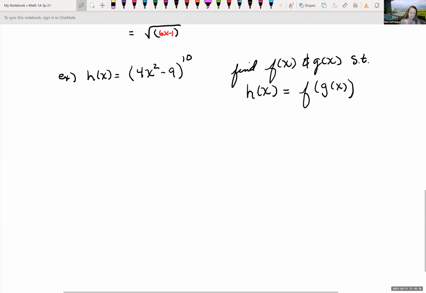So I tend to go with the inner first. The inner is going to be what's inside the parentheses.